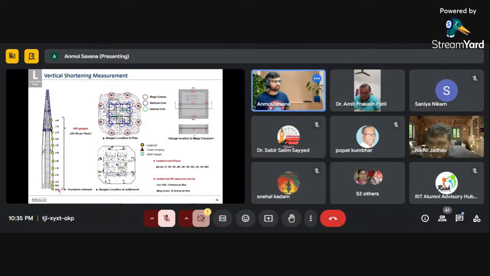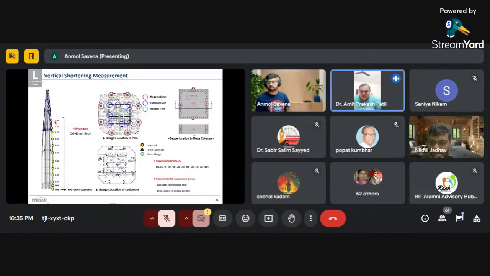In this site, you can see at the 12 floor levels, we have installed these strain gauges. Based upon these, you can decide, okay, 12 times I will update the model. Or sometimes, if you feel the shortening is very high in one of the columns, then again you can apply the corrections and update the model.